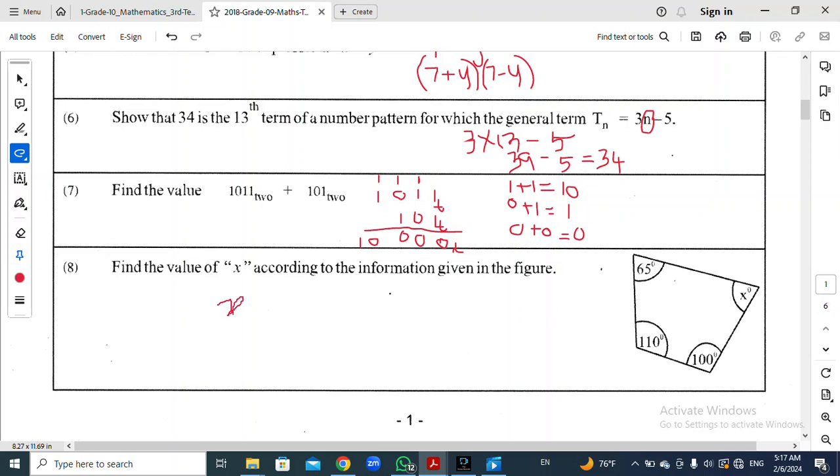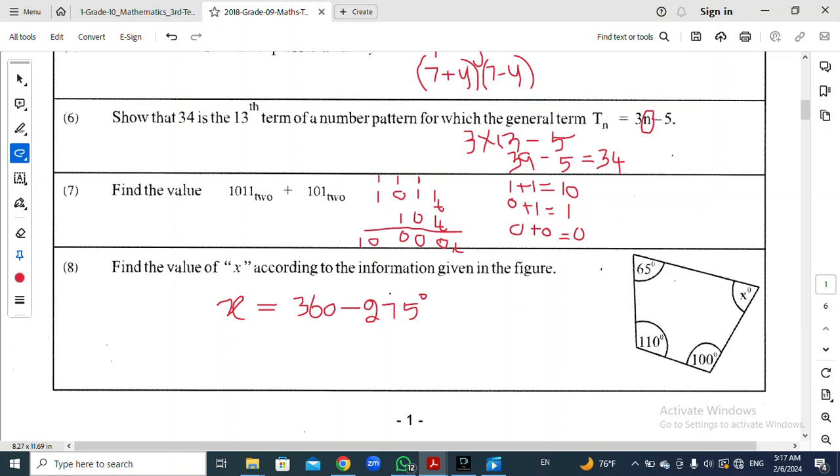So x is equal to, you see totally we know that is 360. So 360 minus 100 and 110, 210, plus 65, 275, all are in degrees.